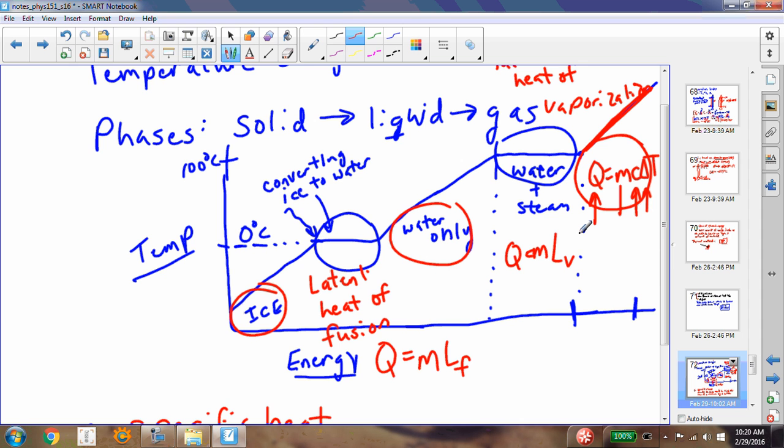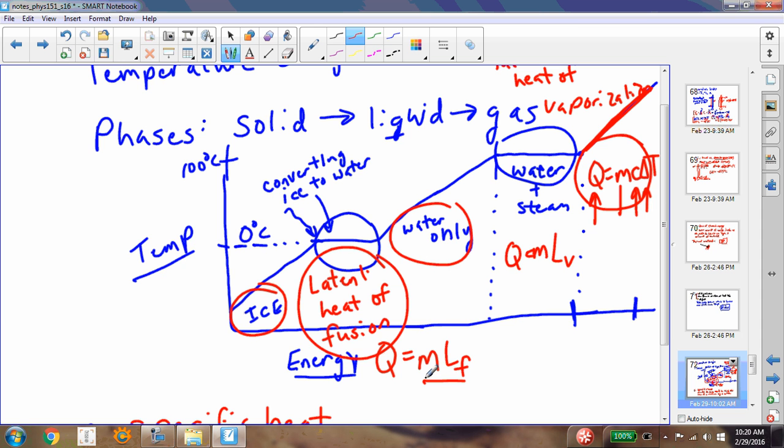The other thing is that if I'm changing between phases, solid, liquid, and gas, I need an extra amount of energy. I need that latent heat of fusion to go from ice to water. In order to go from ice to water, I have to add in that amount of energy, which is equal to the mass times the latent heat of fusion. Or if I want to go from water to ice, I have to take away that amount of energy in order to convert it into ice.